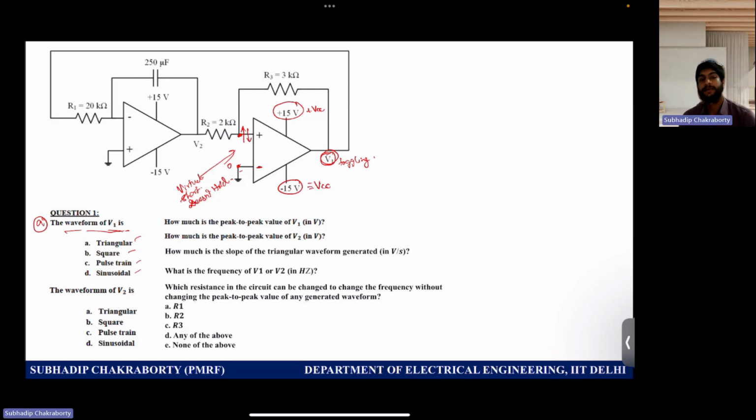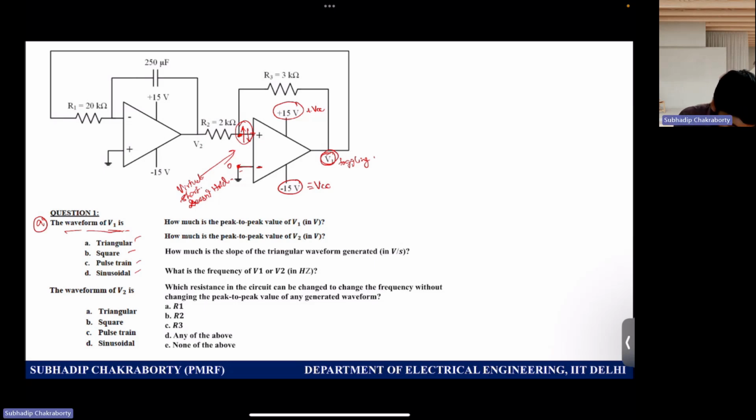So what can you conclude about the waveform of V1? Any idea? I told you that it is in toggling state, right? As per the input to this node, because the negative node is already grounded.